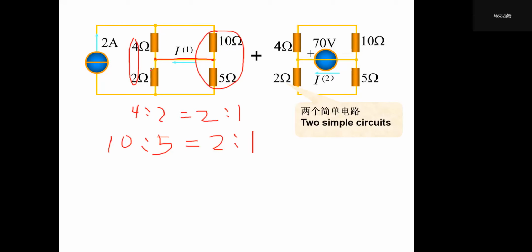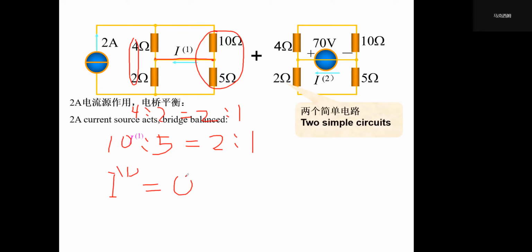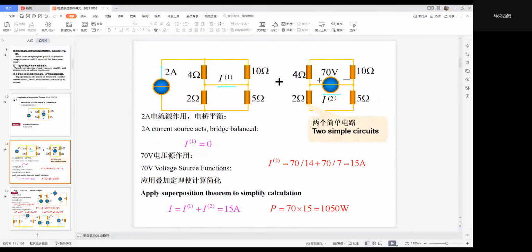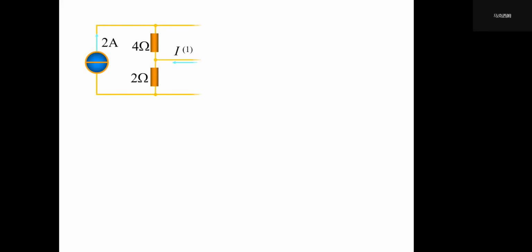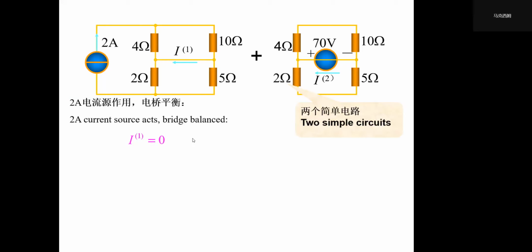So we know that there must be no current running through. Nothing runs through this wire. So I11 is 0.